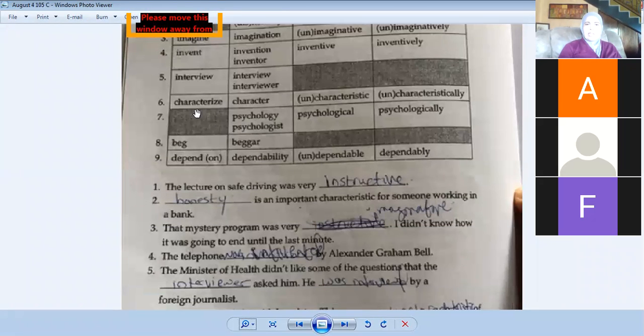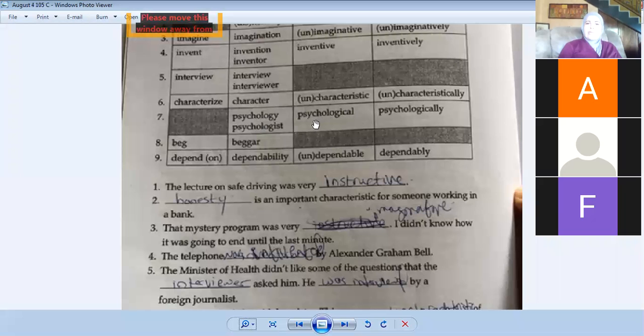مأخوذة من, guys, الصفة أو الشخصية يعني خلينا نقول, all right? So we have the word psychology. Here is a noun, all right? اللي هي علم النفس, guys, psychology. All right? Psychologist, واضحة جدا, guys. Somebody who is a specialist in psychology, طبيب النفسي. These are nouns, okay?